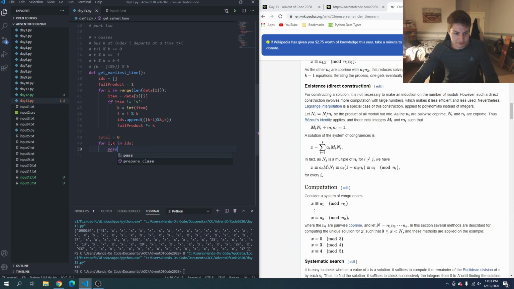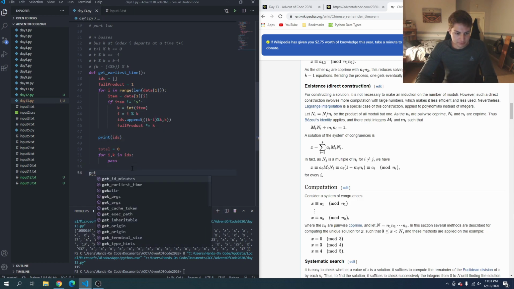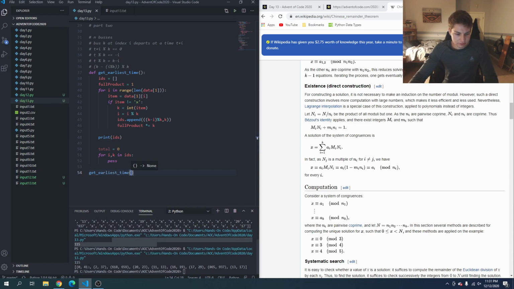well, let's just go ahead and see what's in IDs for now. So IDs, get earliest time. Let's go ahead and run that, see what we get. Okay, so as you can see, all the IDs are less than the k value.